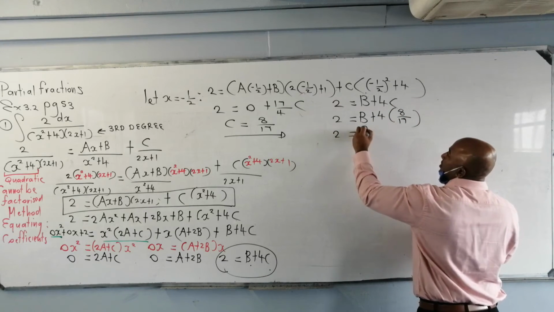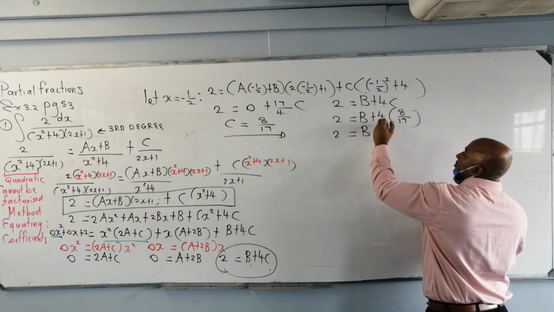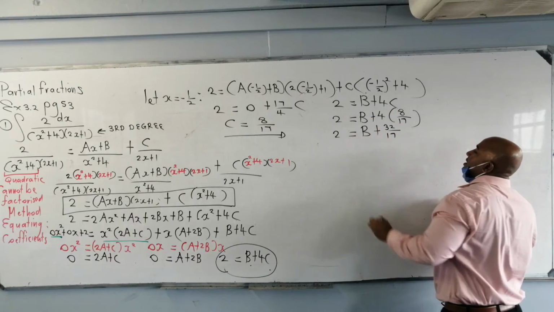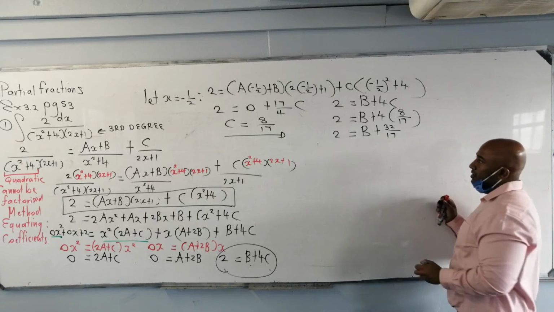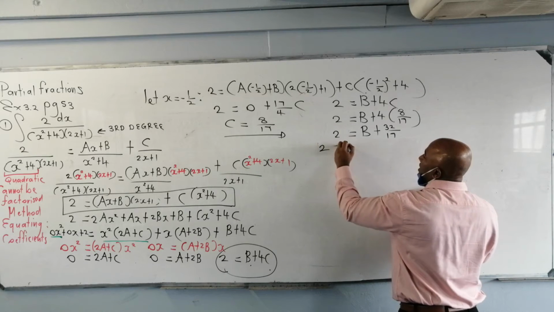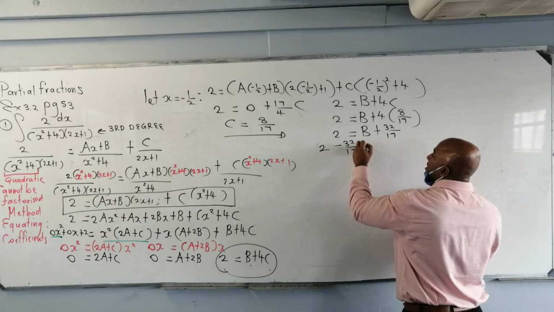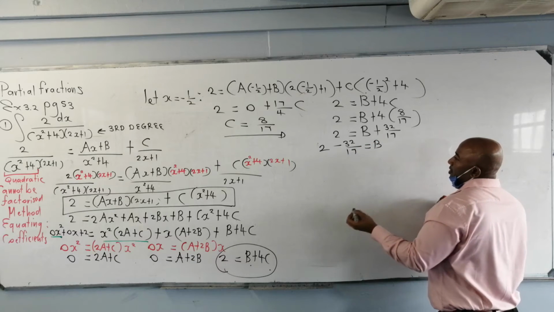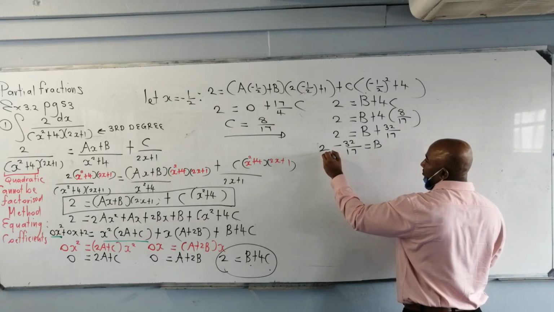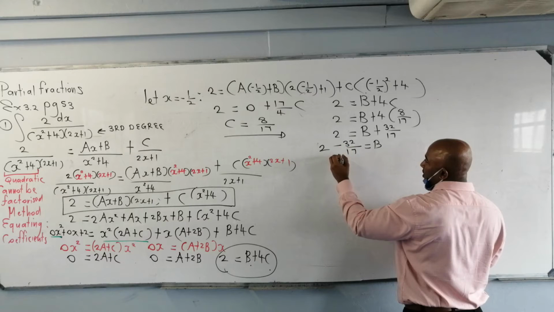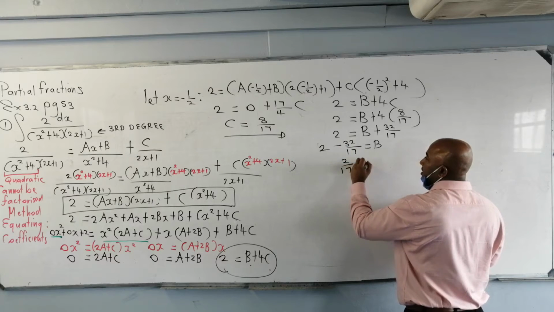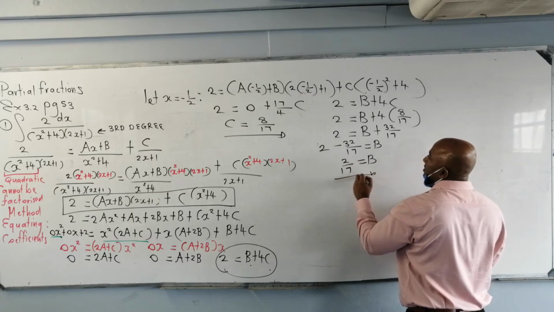So 2 is equal to B plus 8 times 4 is 32 over 17. So then we've got 2 minus 32 over 17 is equal to B. So that's going to be 34 minus 32, which is 2 over 17, is equal to B.